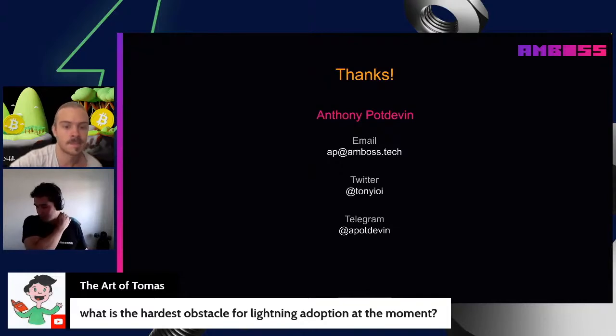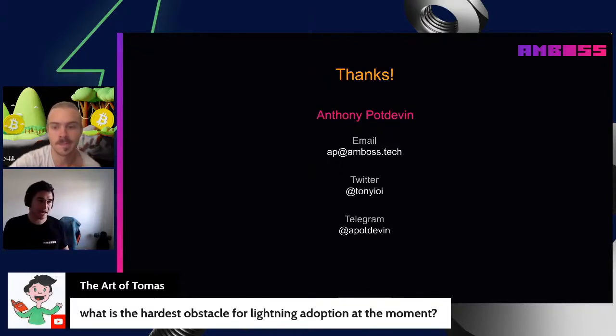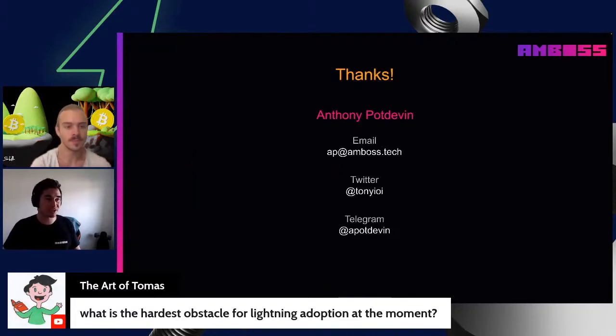So our way of thinking of data at Amboss is that we get user provided information, right? We're not scraping IPs from people and trying to make connections. That is not the way we want to go about getting this information.